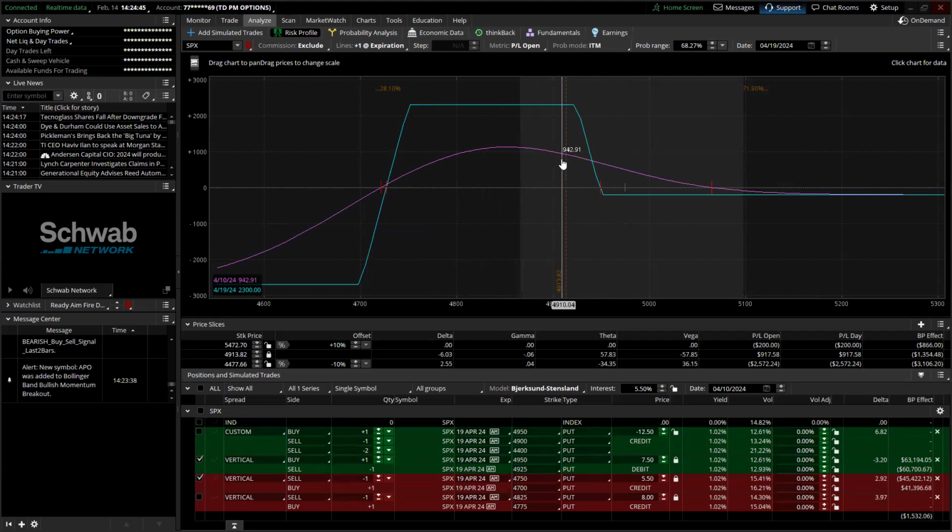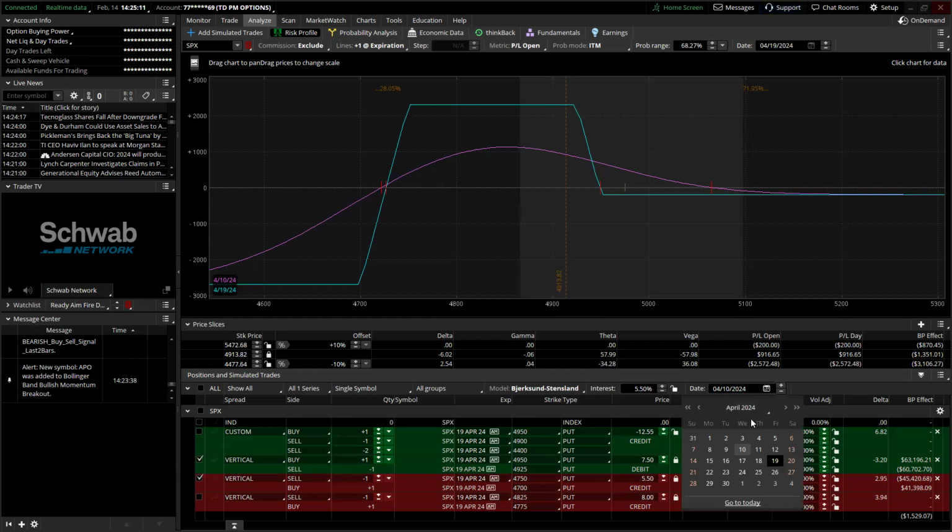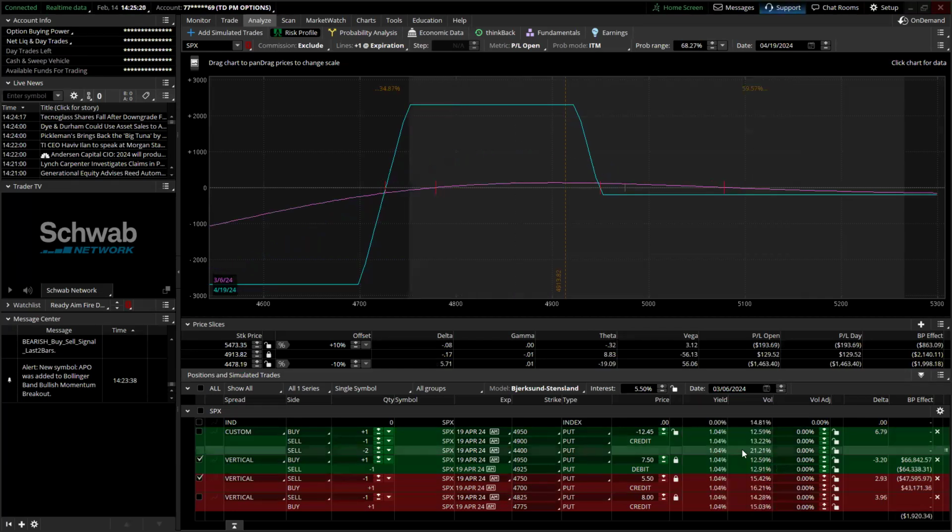Like for example, if you compare the difference in P&L, right, with only a week to go until expiration in this trade, if the market was to move 50 points up or down with 7 days to go, versus if the market was to move up or down 50 points with, like, I don't know, maybe 6 weeks or 7 weeks to go, you will notice that the P&L distribution with more time until expiration is much smoother, right?